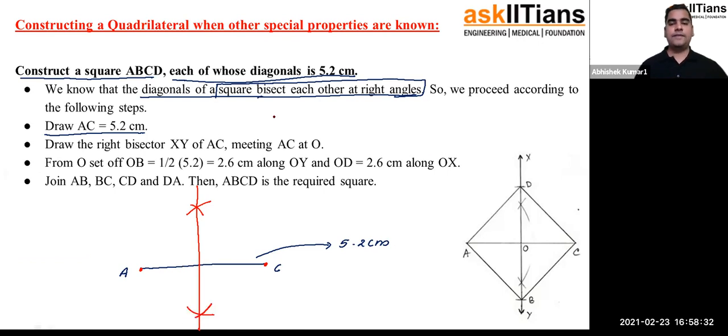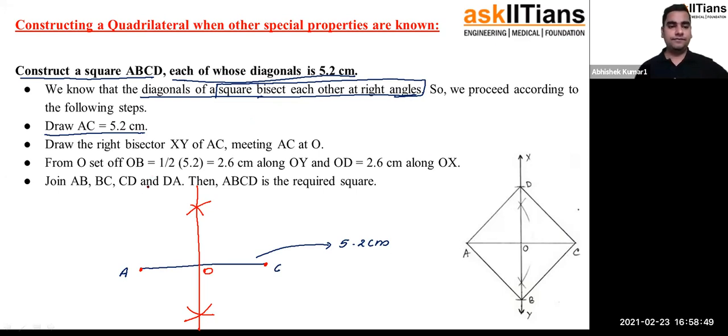This is the perpendicular bisector, and it is going to give us the other diagonal of this quadrilateral, or this square.